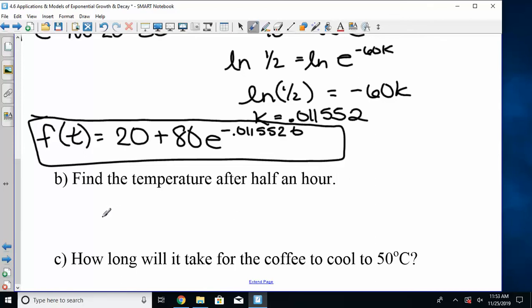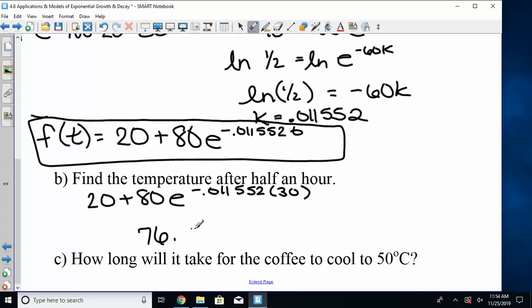So just take your equation and put this in our calculator. And so we get a temperature of 76.57 degrees Celsius.